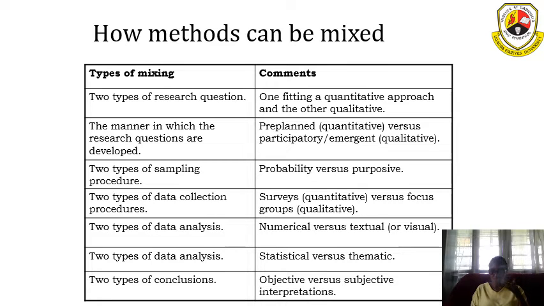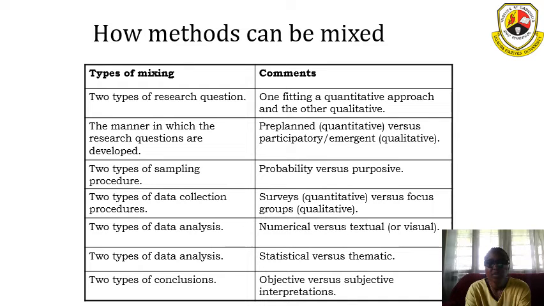The researcher goes ahead to tackle each objective in order to respond to the overall objective, which then answers the research question. So that's normally the case, but there are situations where there are two research questions. One is qualitative in nature, the other is quantitative in nature. In our previous lectures, we have talked about these different types of research questions. You can go back and review those previous lectures.